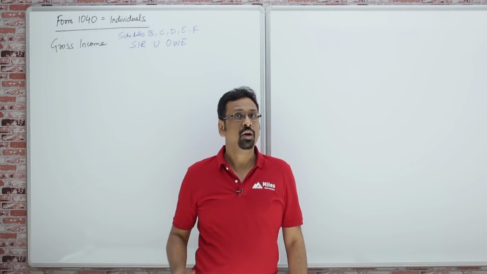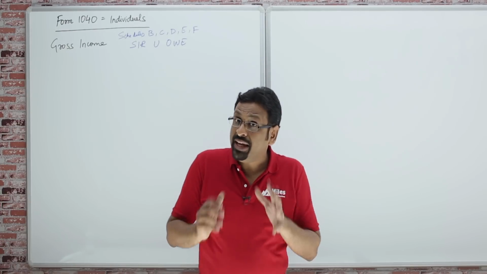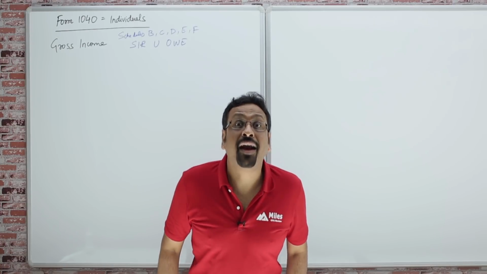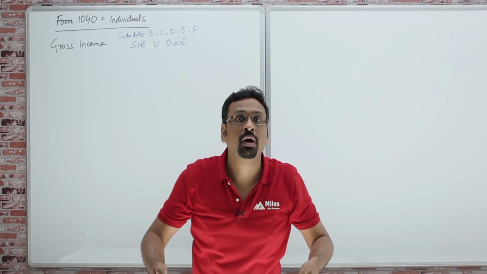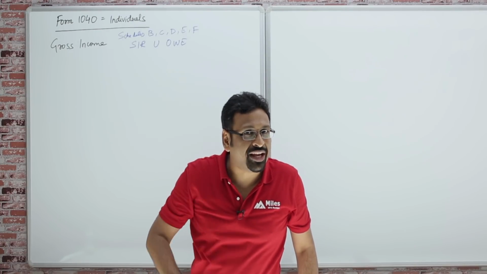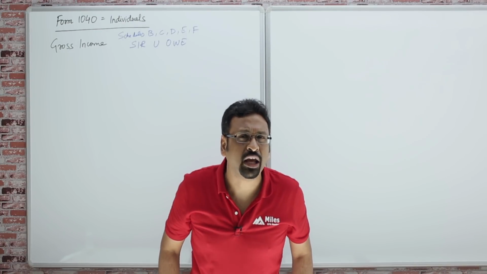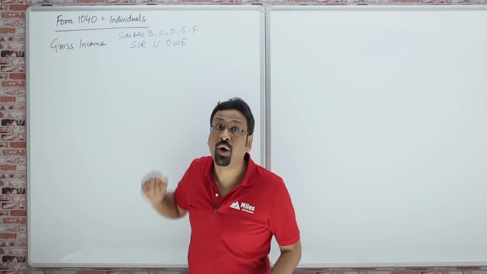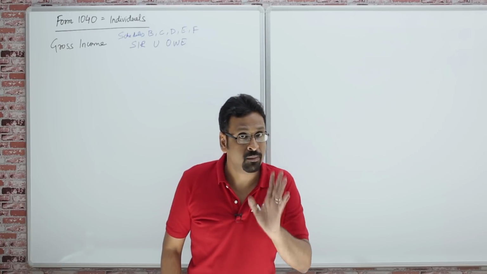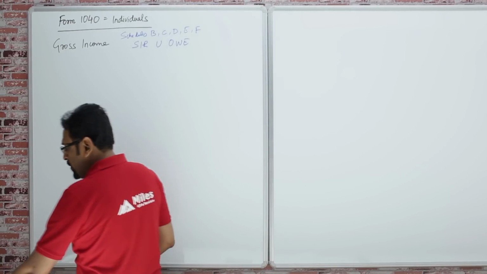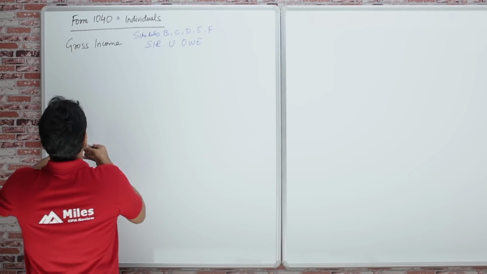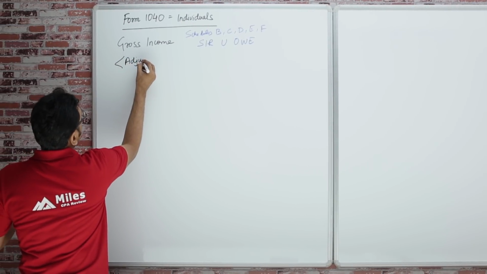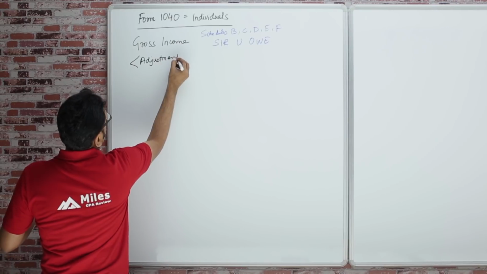Uncle Sam's hearing you, and being as kind-hearted as he is, he grants your wishes. So guys, as you could guess, that's going to be your mnemonic for certain adjustments or deductions that we're going to have from gross income. So let's put it up there. We have gross income less adjustments.